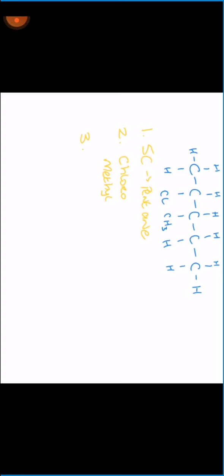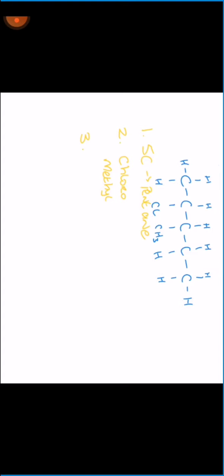numbers. So there's 2 possible ways that it can be numbered. It can be numbered from left to right, or right to left. So let's try both ways. So you can do 1, 2, 3, 4, 5, or you can do 1, 2, 3, 4, 5. Now, how do you pick which way is correct? You pick the way that gives the substituents the smallest number.